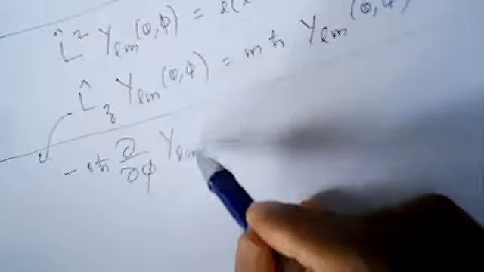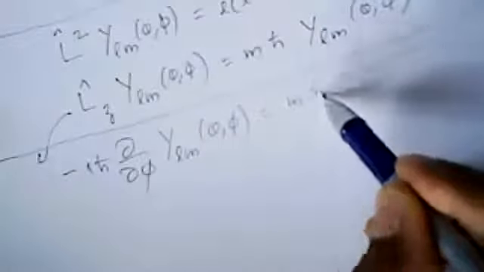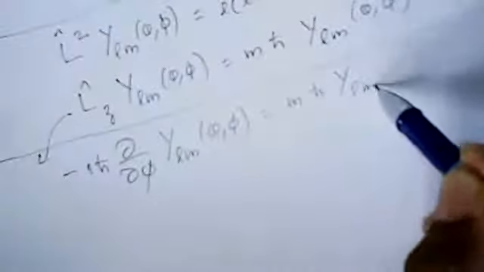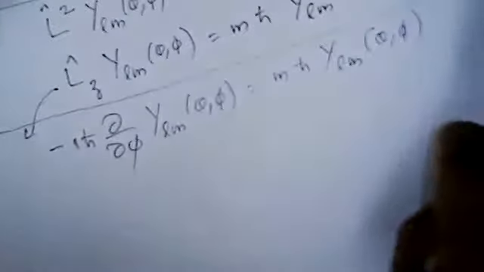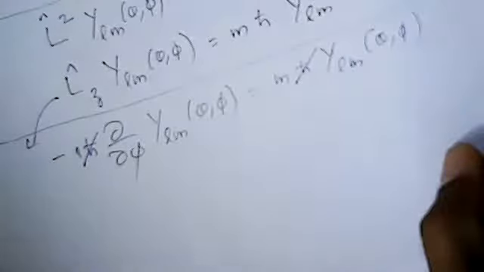That is acting on Y_lm theta phi, equal to m h cross Y_lm theta phi. The h cross is on both sides, so h cross cancels.